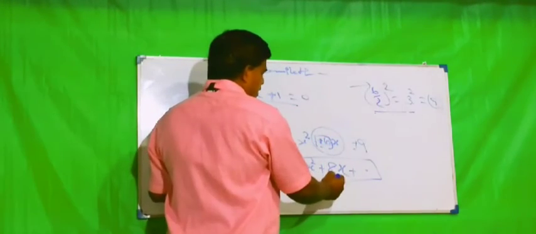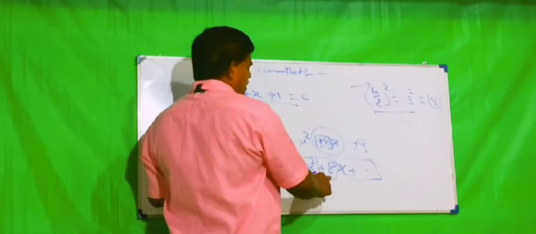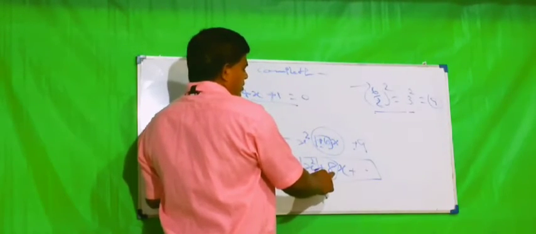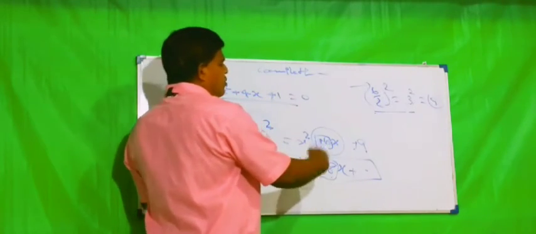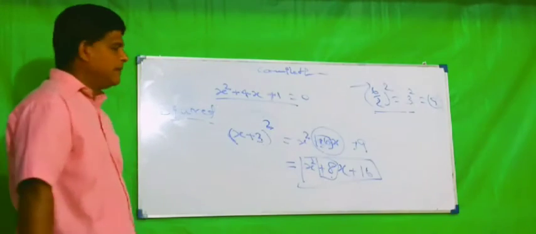This is the midterm, and the coefficient is 8, so take half of the coefficient. Half is 4, the square of 4 is 16, so this would be 16.